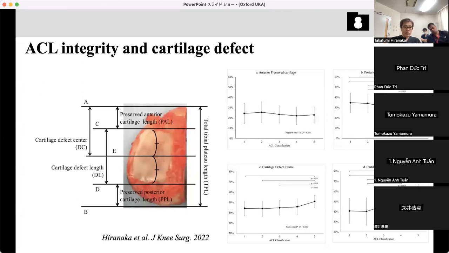This graph shows the extent and location of the cartilage defect and the width of the posterior retained cartilage.